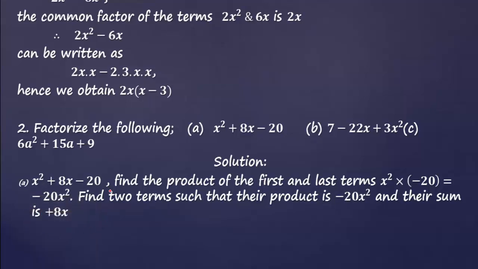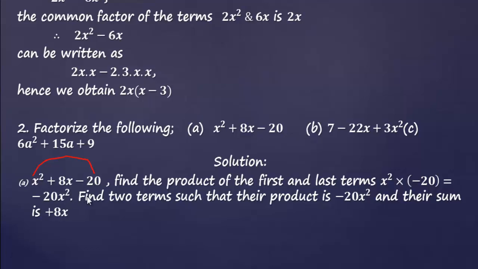Now you want to find a factor. The first thing is that you multiply the first term here by the last term. Are you getting it now? Which is now going to be x squared times minus 20. So find the product of the first and the last terms, which is x squared times minus 20, which is now going to be minus 20x squared.